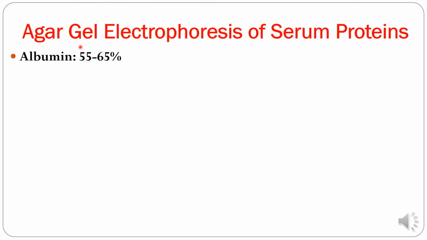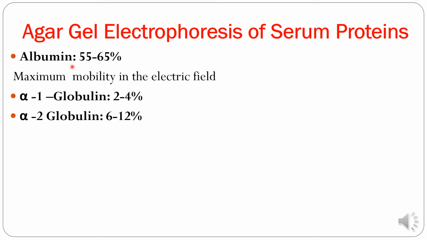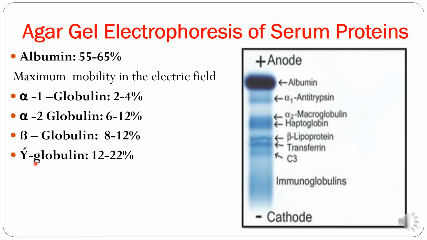Whenever we do electrophoresis of serum proteins, we see the first migrating protein is albumin, followed by alpha 1 globulin, then alpha 2 globulin, then beta globulins, and gamma globulins.